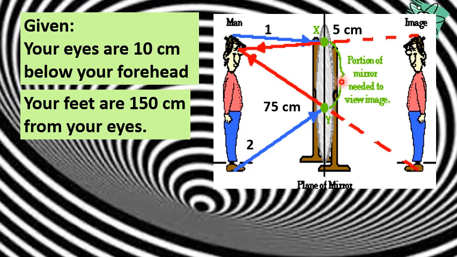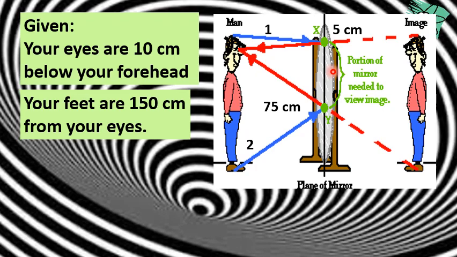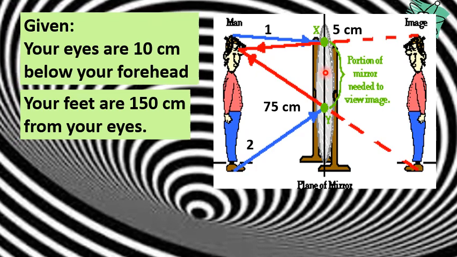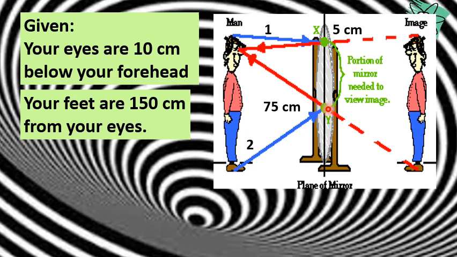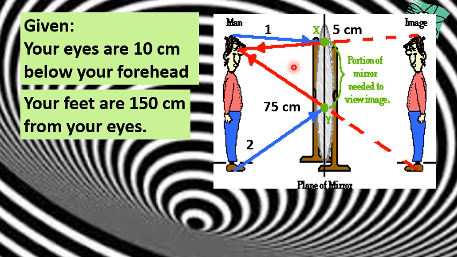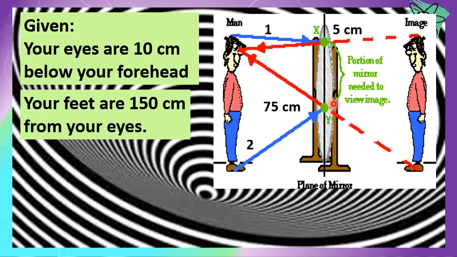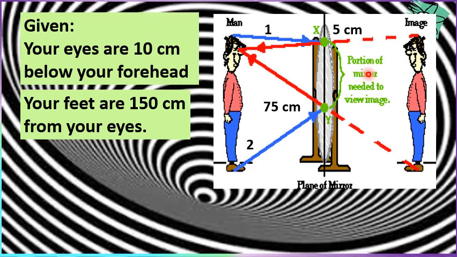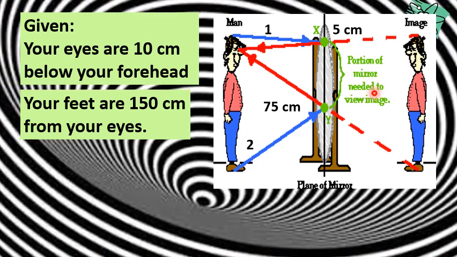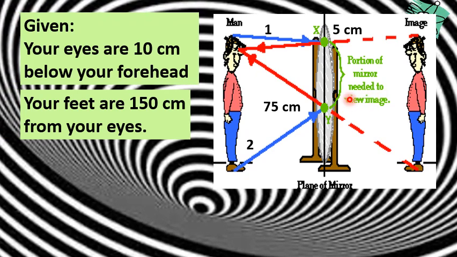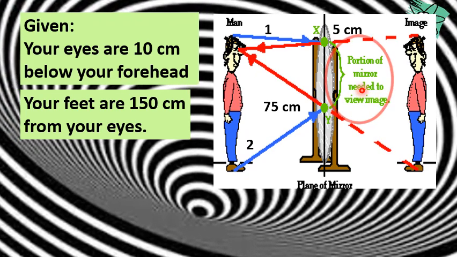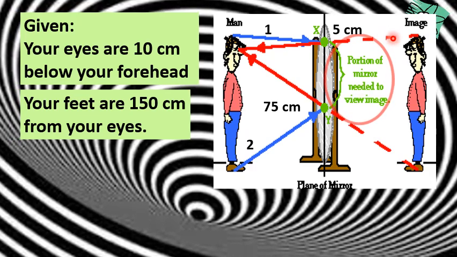Now, you will notice that there is really no need to have a mirror whose vertical length is equal to your height. We take note of this portion of the mirror that's needed for you to be able to see your entire image, and we emphasize that.